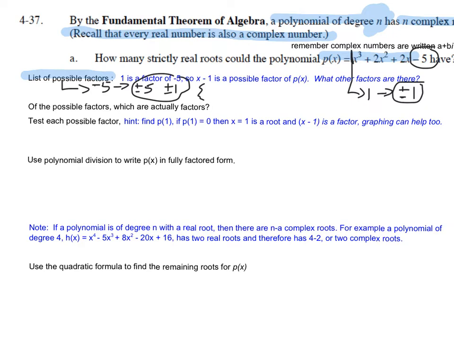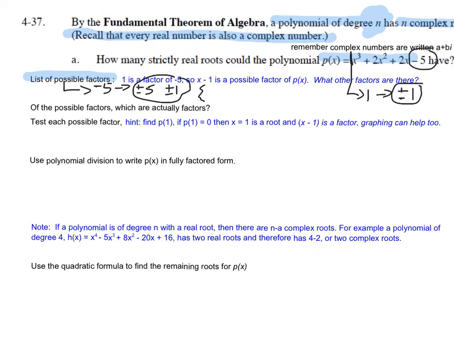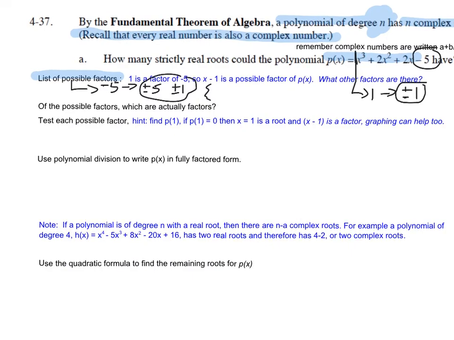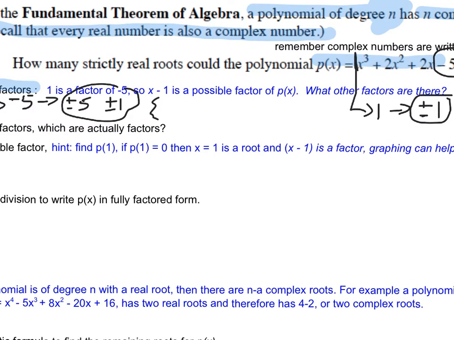So if I take a 5 and I divide that by 1, I get 5. Excuse me, for some reason I can't write on this. 5 divided by 1 is 5, and 5 divided by negative 1 is a negative 5, and a negative 5 divided by a positive 1 is still going to be a negative 5, and if I take a negative 5 divided by a negative 1, I get a positive 5.